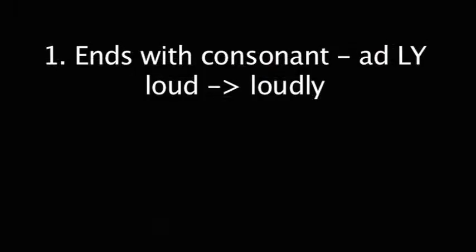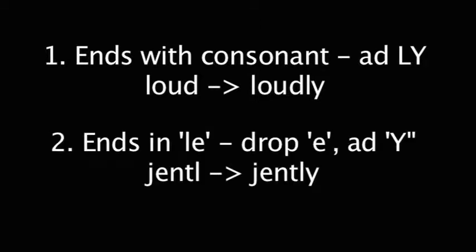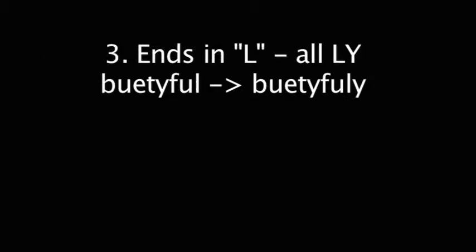Rule number 1, if the adjective ends with a consonant, just add ly. So loud becomes loudly. Second rule, if the adjective ends with le, like gentle, you just take out the e and put in y. So gentle becomes gently. 3, if the adjective ends with l, just add ly again.